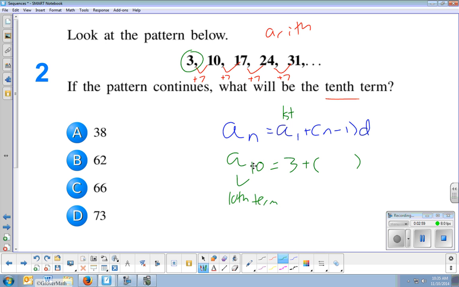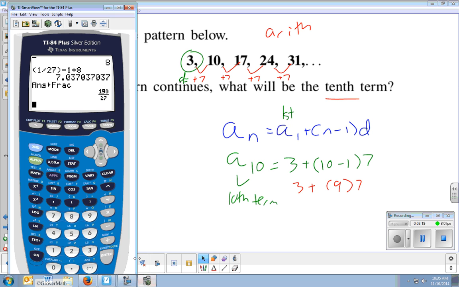So for the 10th term, that's 10 minus 1 times d, our common difference, which we already established is 7. So this comes out to be 3 plus 9 times 7.